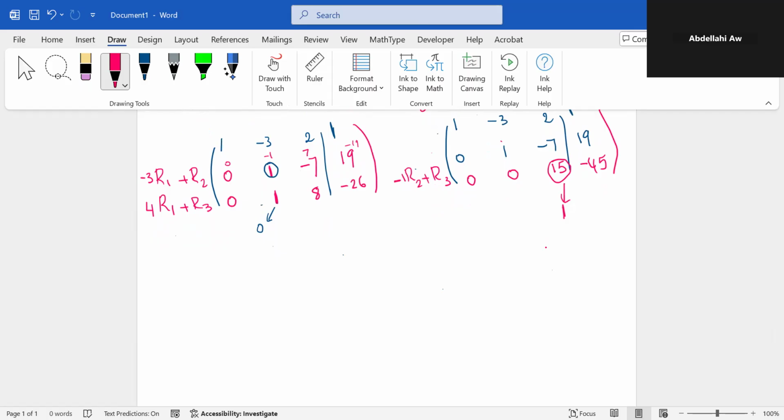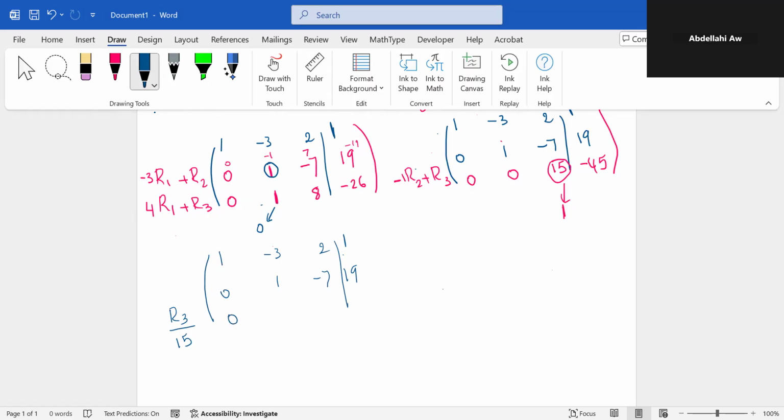So of course, to make 15 become 1, we're going to divide row number 3 by 15. I have 1, -3, 2, 1, and here 0, 1, -7, 19. And here, row number 3 divided by 15. You see, I communicate everything that I am doing.